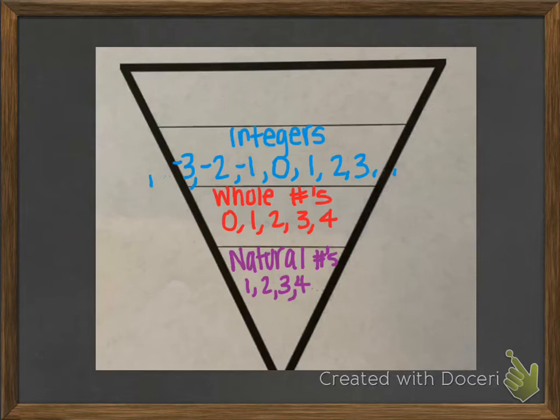There's supposed to be little dots. And then we have our last subset, which would be our rational numbers.